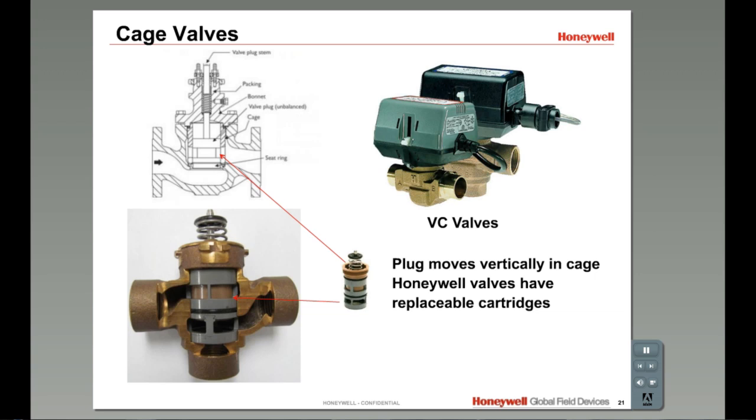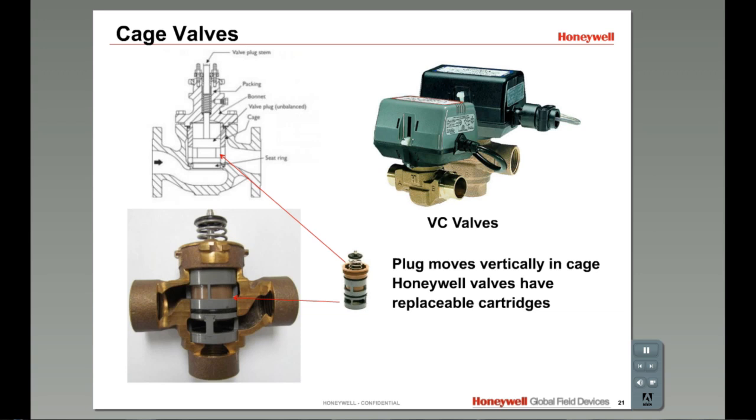Cage valves have an insert called a plug that moves up and down inside a sleeve called a cage. As the plug moves, the water is allowed to flow in and out of holes in the cage. The holes can be shaped to control or characterize how the water flows. Because the valve is not pushing a plug against the flow, the close-off pressure is not dependent on valve size.